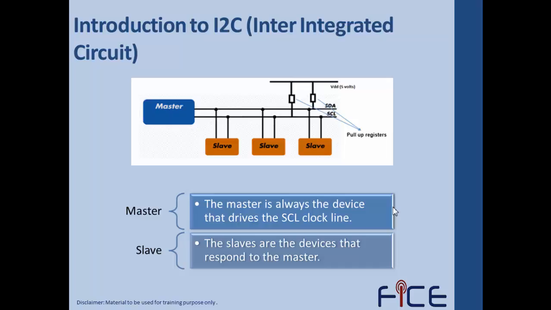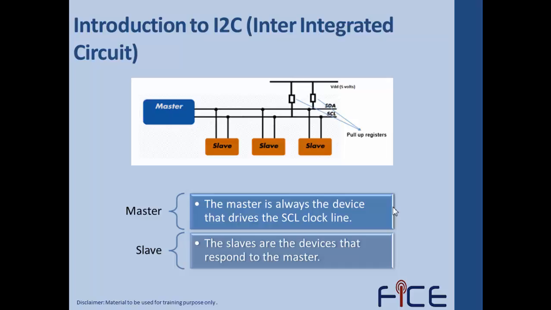That is, one wire is SDA and the other wire is SCL. SDA is the serial data line and SCL is the serial clock line. The serial data line is used for data transmission and the serial clock line is used for the clock.